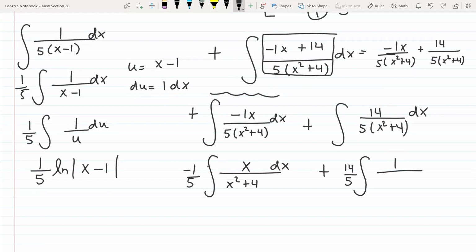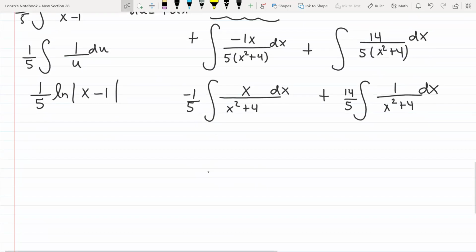It's 1 over x squared plus 4 dx. Okay, so what should I do here? Can I do u substitution? Yes, I can. My u would be x squared plus 4. So my du would be 2x, and then the derivative of 4 is 0, so it's just dx.